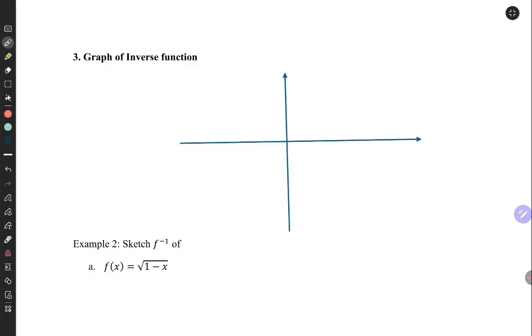Right? We found out the inverse is that. What does it look like? What does it look like?